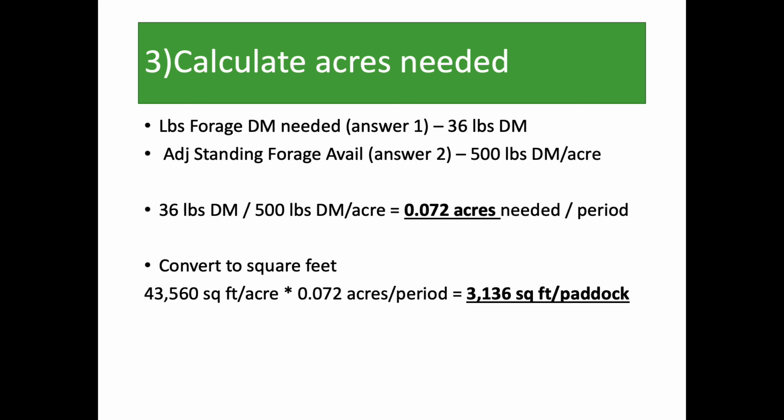So 2,190, because that's your available forage, and that's the number I gave you. It's not in your book. And then you guys are going to go for 80% utilization, so you need to calculate 80% of that.